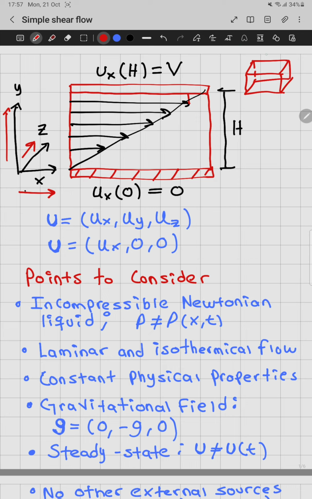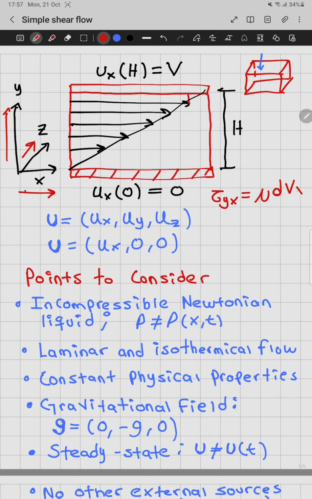So we will be applying a force over here at this surface, and the force that we will be applying is going to take this form.